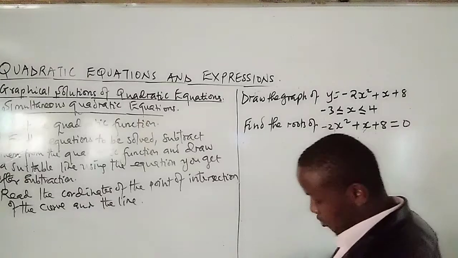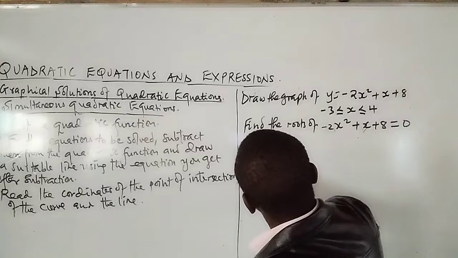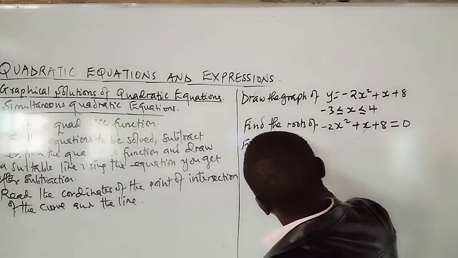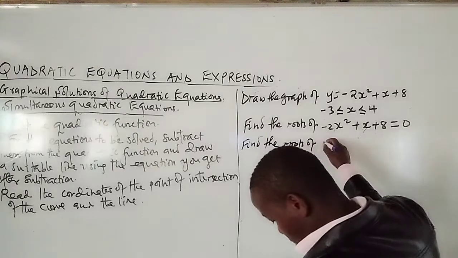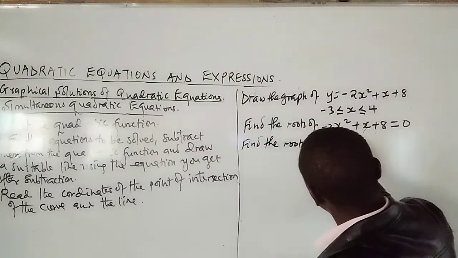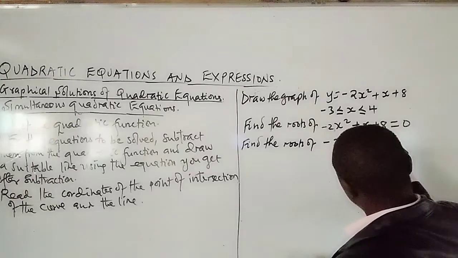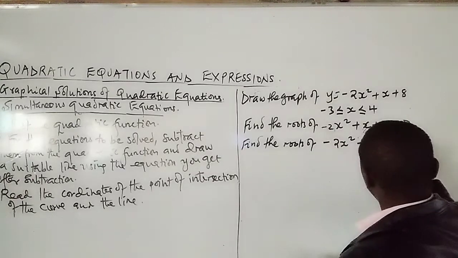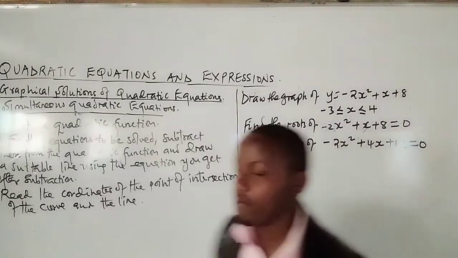By drawing a suitable line graph, find the roots of negative 2x squared plus 4x plus 12 equal to 0.